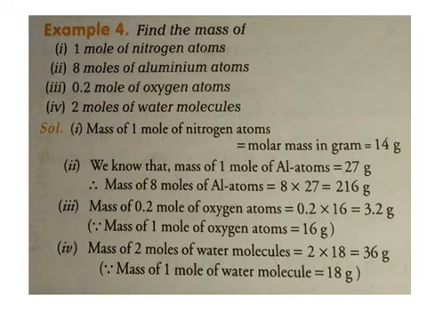So oxygen atom has 16 grams, therefore 0.2 has to be multiplied with 16, you will get 3.2 grams. And the last one, 2 moles of water molecules. Water molecule, H2O. Mass of 2 moles of water is equal to 2 into 18, which is equal to 36, because mass of 1 mole of water is equal to 18 grams.